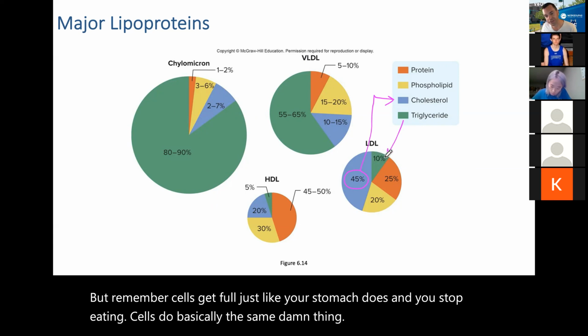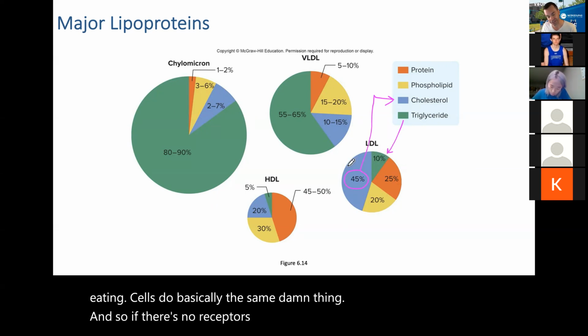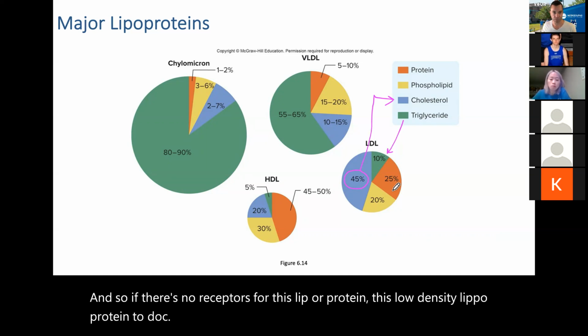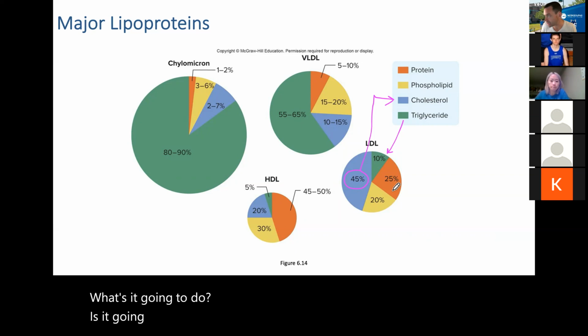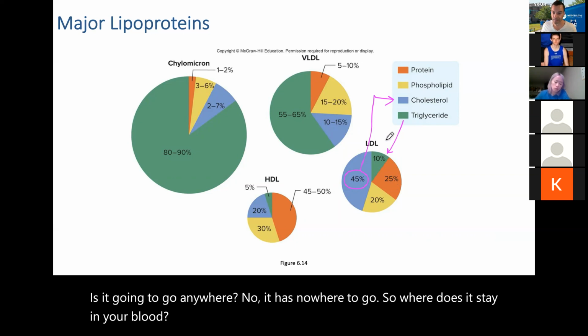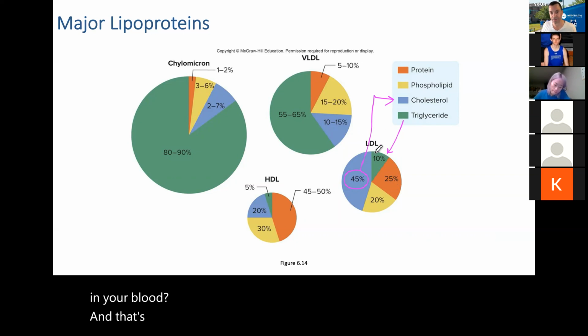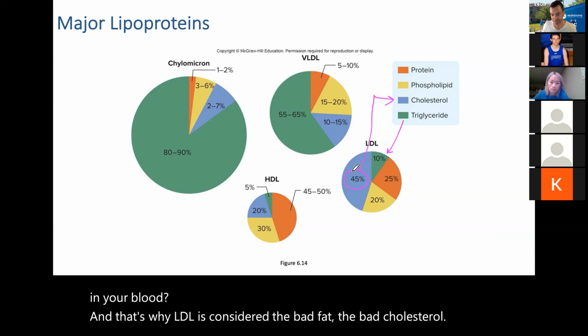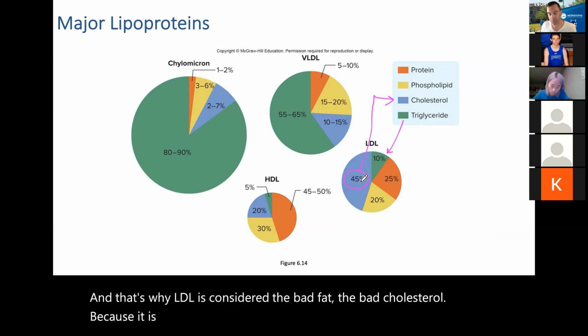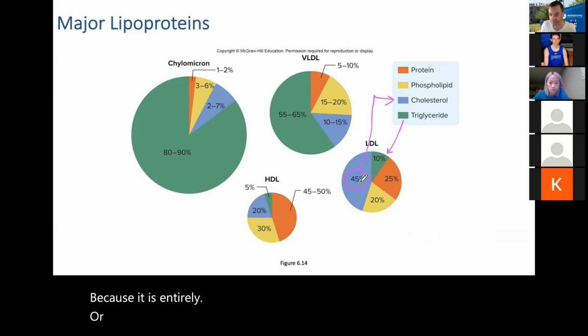And so if there's no receptors for this lipoprotein, this low density lipoprotein to dock, what's it going to do? Is it going to go anywhere? No, it has nowhere to go. So where does it stay? In your blood. And that's why LDL is considered the bad fat, the bad cholesterol, because it is almost 50% cholesterol.